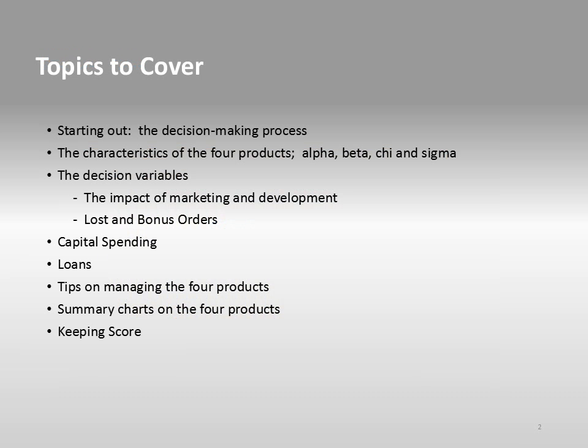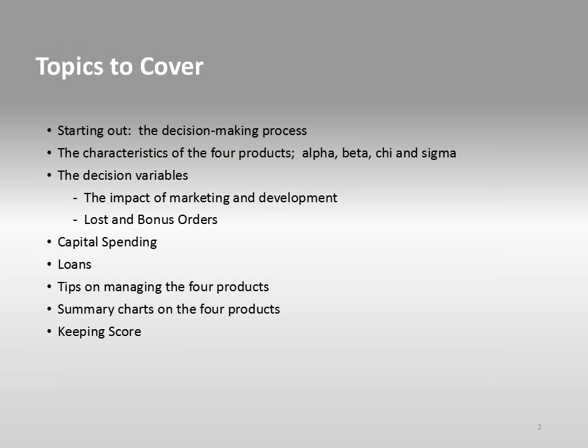The topics that we'll cover are, first we'll look at the decision-making process, the characteristics of the 4 products, Alpha, Beta, Chi, and Sigma, and then we'll examine the decision variables and take a special look at the impact of 2 decision variables, marketing and development. There's a special feature of this simulation called lost and bonus orders, and we'll cover that too.